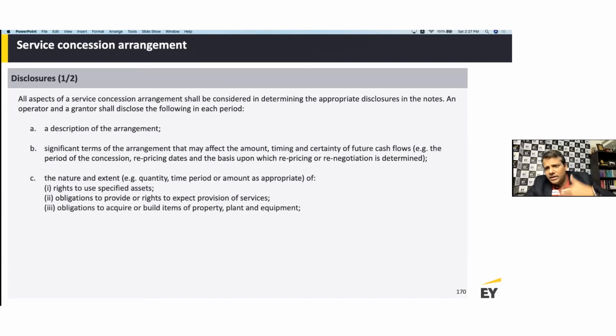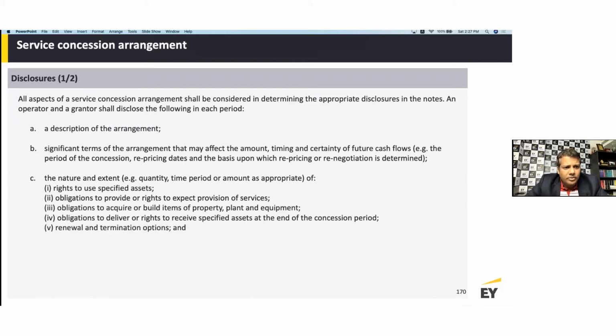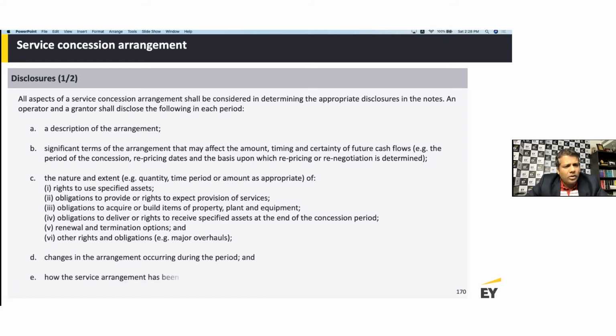Are there other obligations? I need to expand the road, I need to do this, I need to do that. All of that, right? Obligations to deliver or rights to receive specified assets, renewal and termination options, other rights and obligations, and changes in the arrangement, all of that I need to disclose.